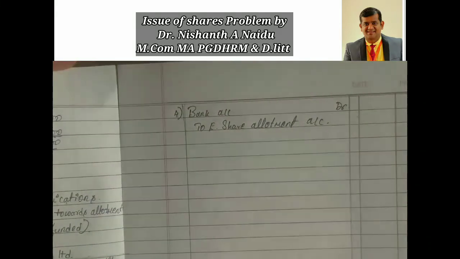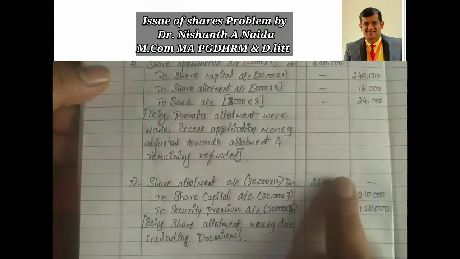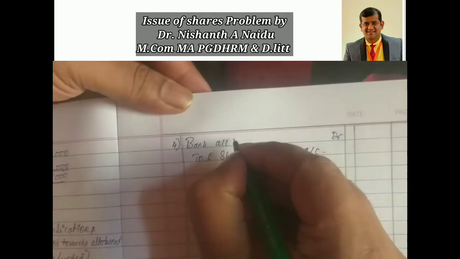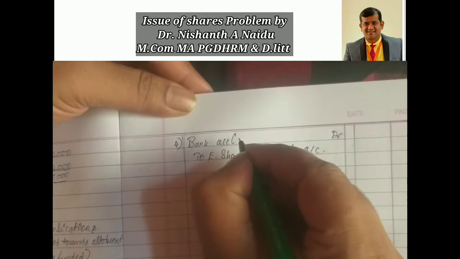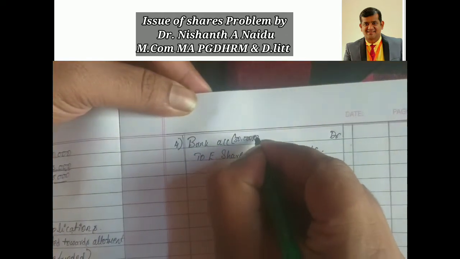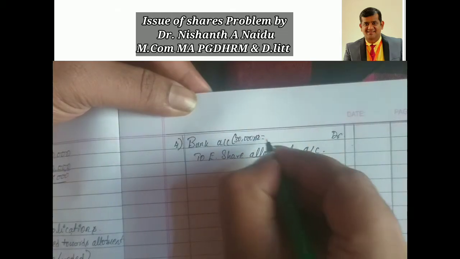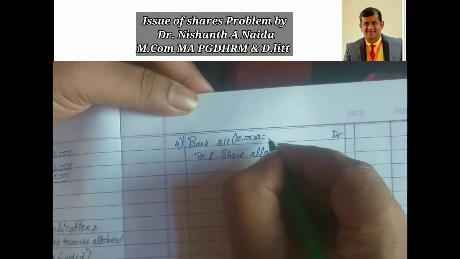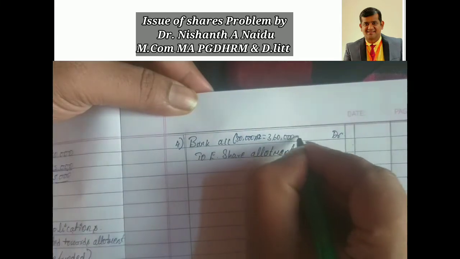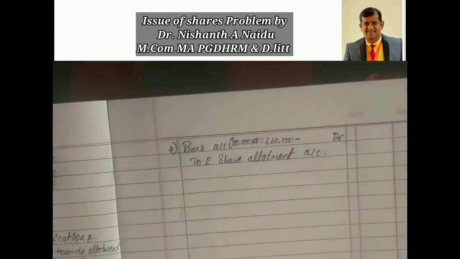So how much am I supposed to receive in the due entry? 3,60,000. Here also we will have a small note for that. That is 30,000 into 12. I am supposed to receive 30,000 into 12, so 3,60,000.